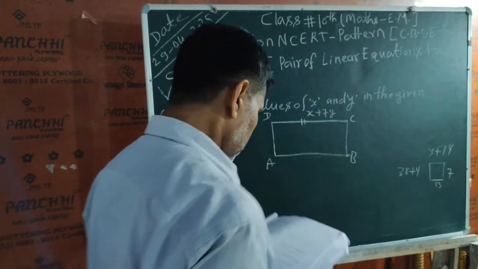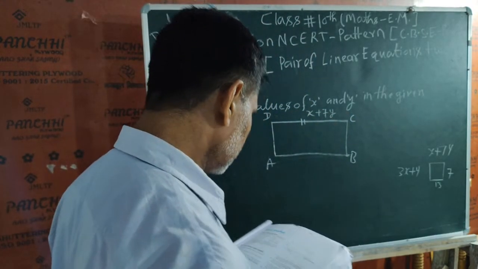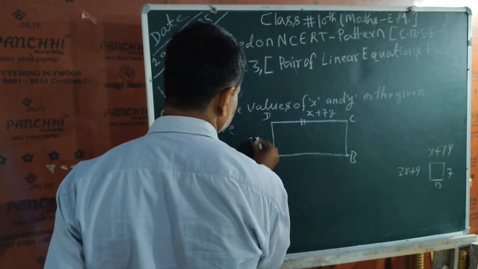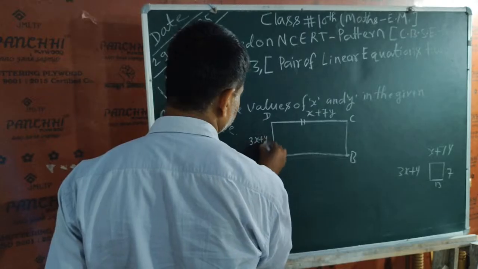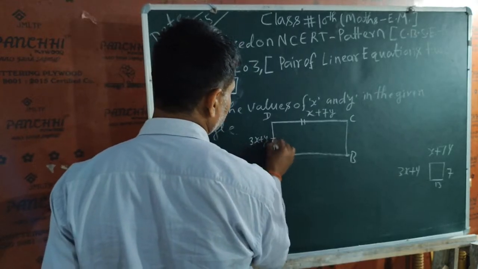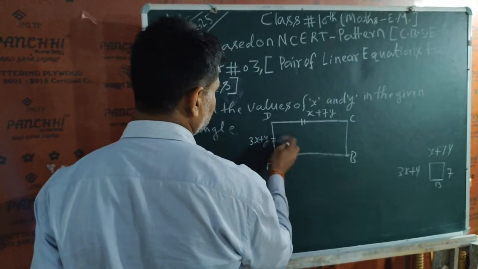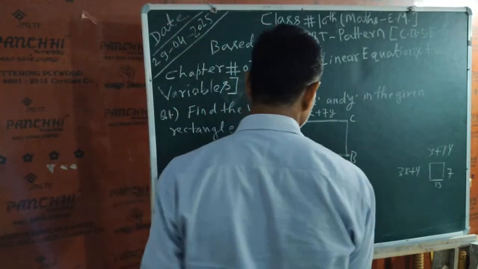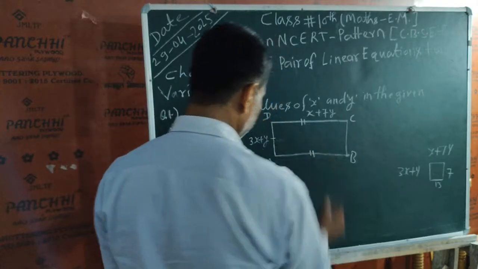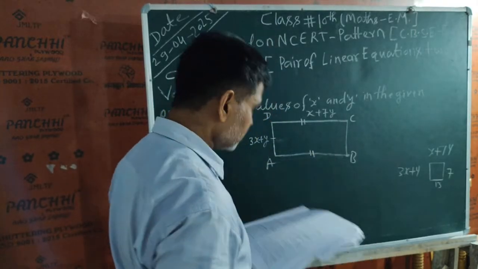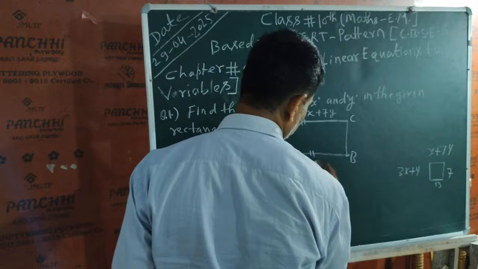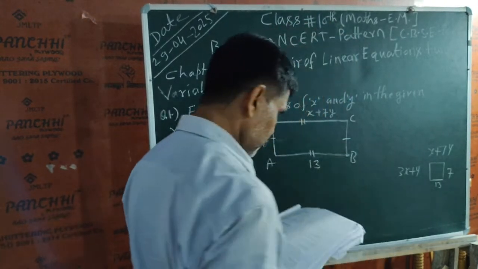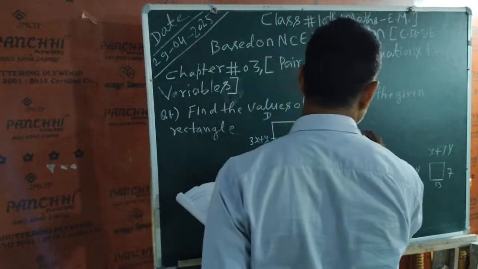Now other information is also given. This side is 3x plus y. Now this side is given like this: this length is 30. And this value is given as 7.